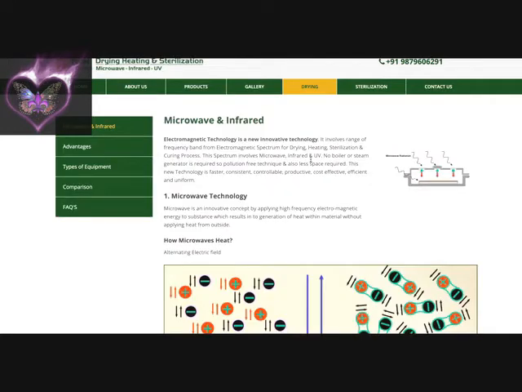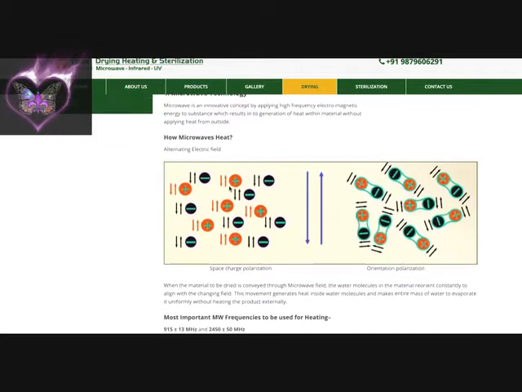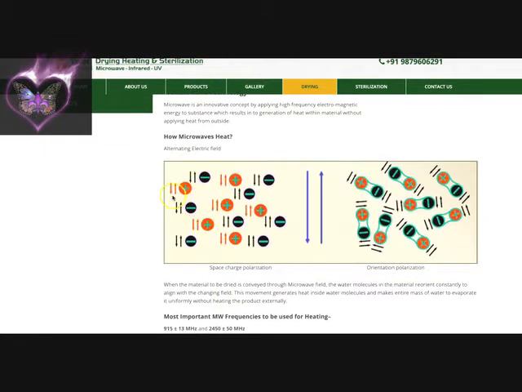Okay, microwave and infrared. How microwaves heat. Alternating electric field. Plus, minus. Plus, minus. Space charge polarization. Orientation polarization. Alright.